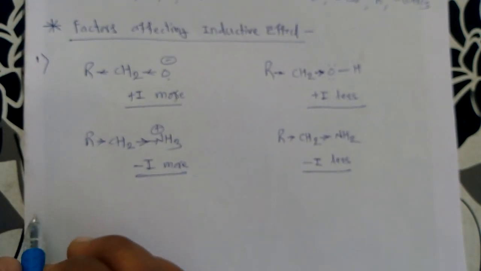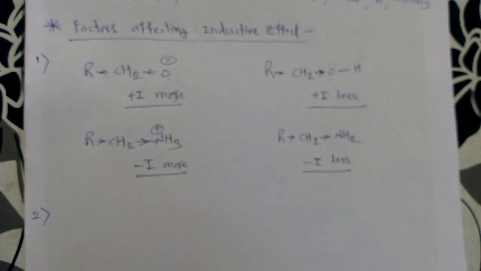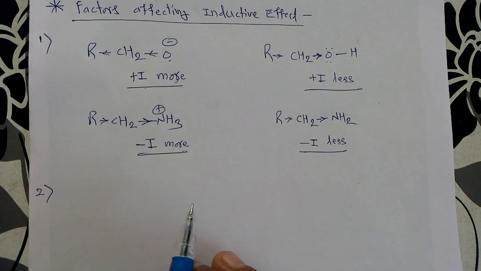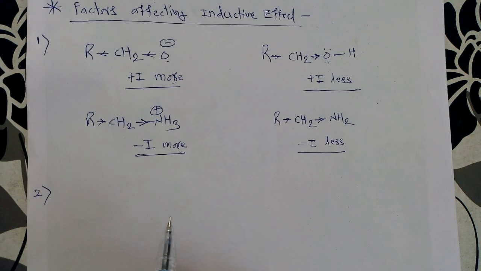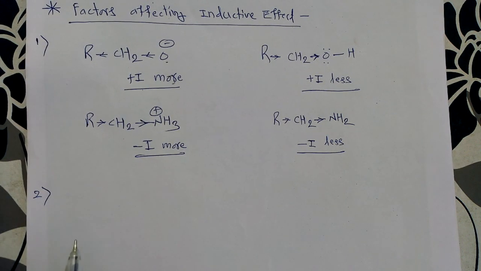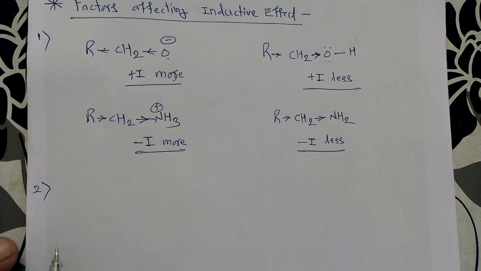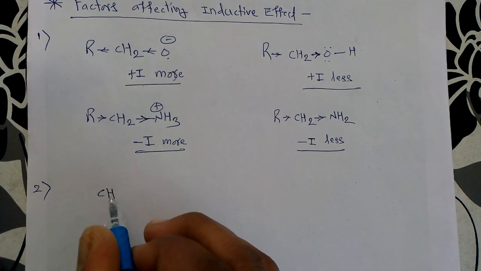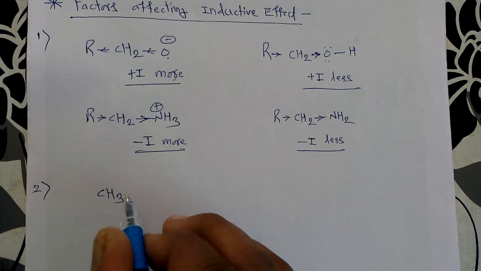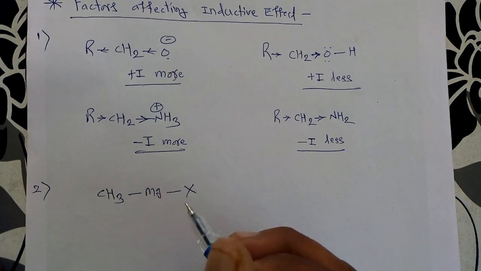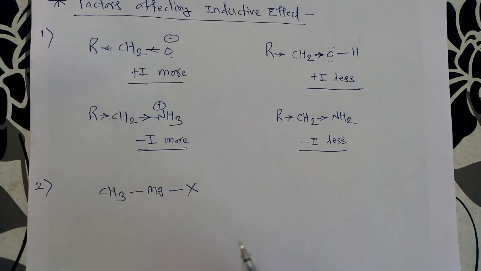Now the second important factor which affects this inductive effect is the electronegativity of atoms, whether the electronegativity of atoms is more or less. Depending upon that, its magnitude also gets affected. Suppose I consider an example like CH3 single bond Mg single bond X. This is the first example.